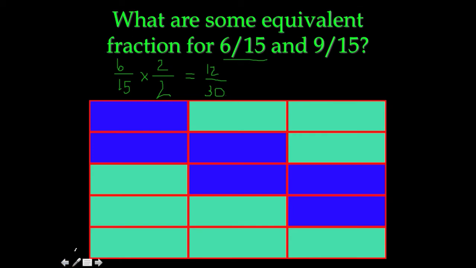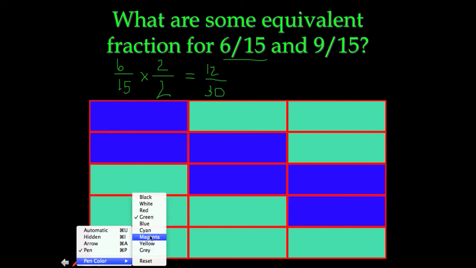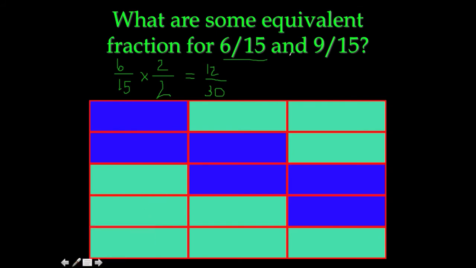But here's one that we haven't been doing so much. What if we divided? So here we have 6/15. We're going to divide it by, what goes into 6 and 15?